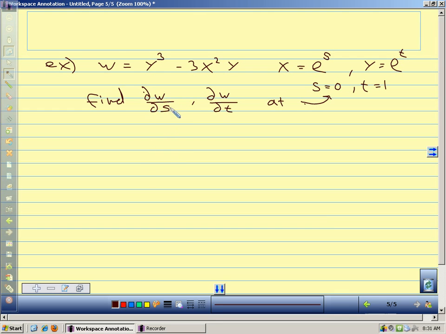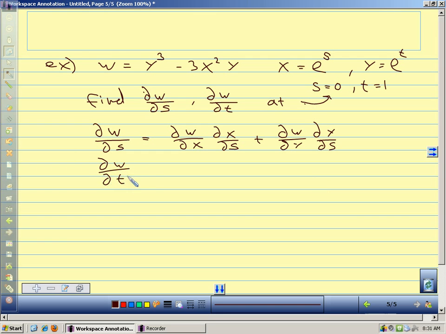So to find our first partial derivative, dw/ds is going to be, by our chain rule, dw/dx dx/ds plus dw/dy dy/ds, and dw/dt is going to be dw/dx dx/dt plus dw/dy dy/dt.